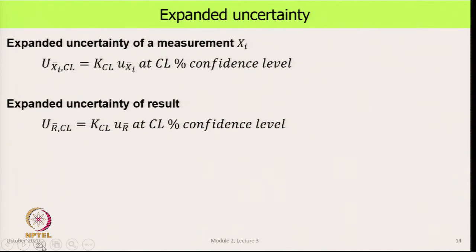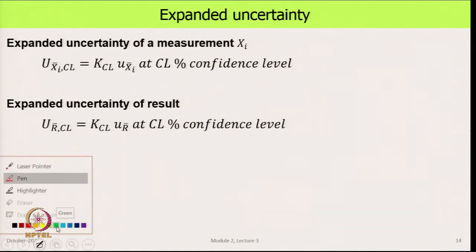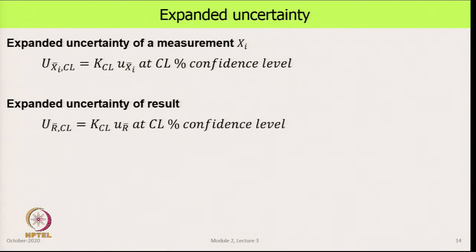Now, we come to something else, which is how do I know whether I am happy with the standard error value. So, what we had was U_Xi bar, the standard uncertainty in each measurement.